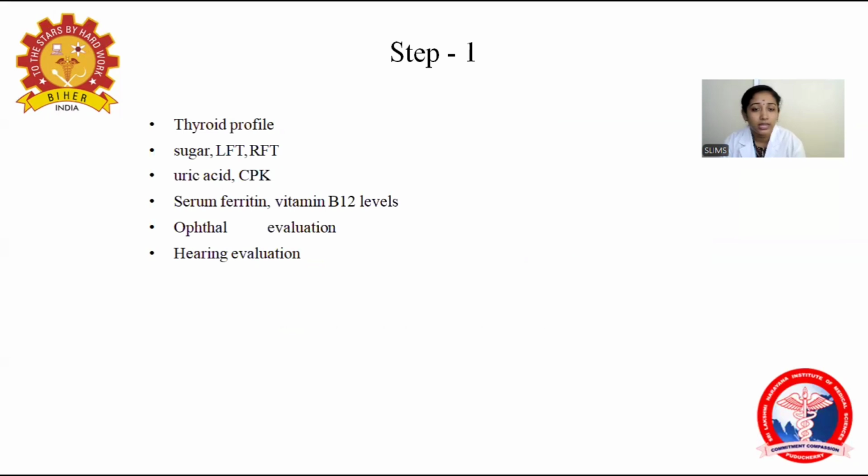Next is serum ferritin, vitamin B12 levels to identify malnutrition. Then we have to do an ophthalmological evaluation, whether the child is having any corneal clouding, any cataract, congenital cataract, retinitis pigmentosa. So we have to observe for the following findings and do a hearing evaluation to rule out deaf mutism.